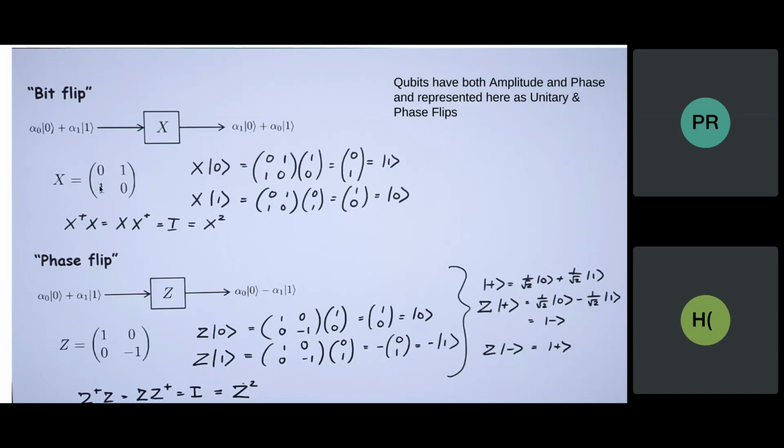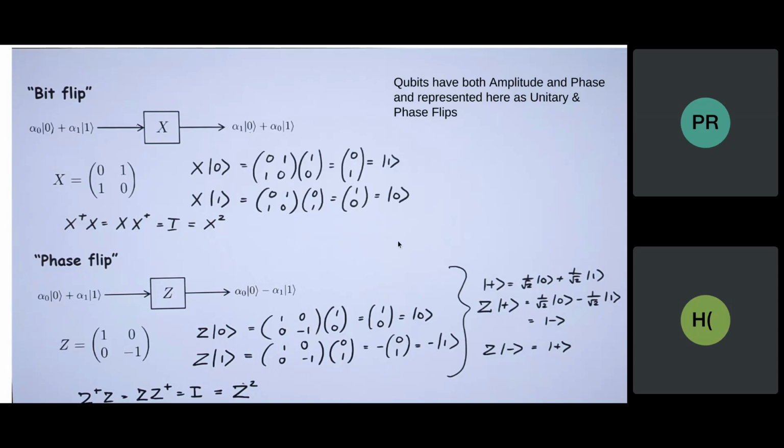Second, unitary means what? Unitary means if the complex conjugate of the transpose is multiplied by the matrix itself, it is equal to the identity matrix, and vice versa. That is, if you have a matrix and you take its complex conjugate transpose, in the bra-ket order, it gives the identity matrix, or you can say X squared equals I. So this is unitary, and it also satisfies X X dagger equal to identity matrix.